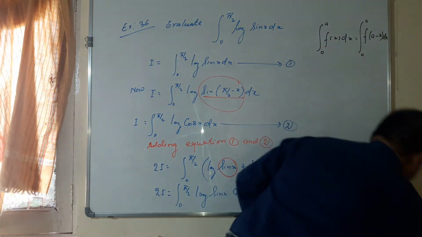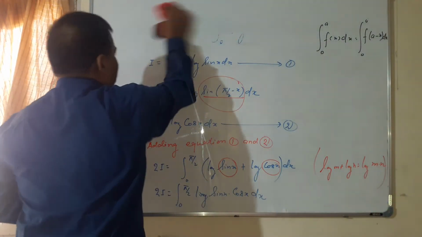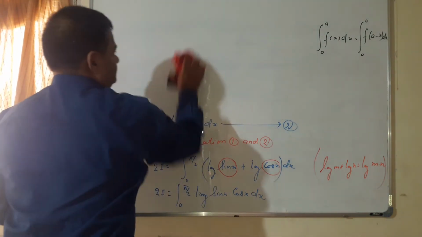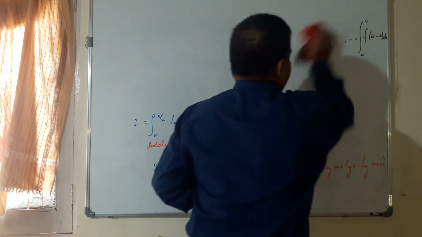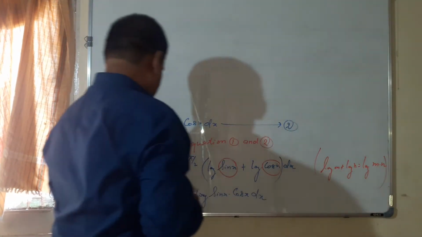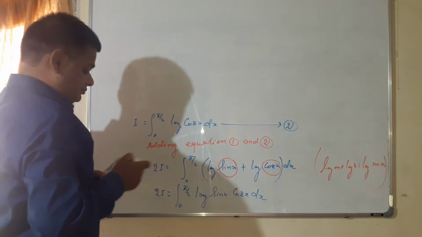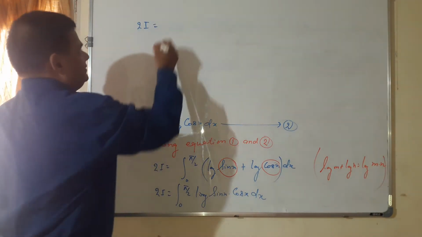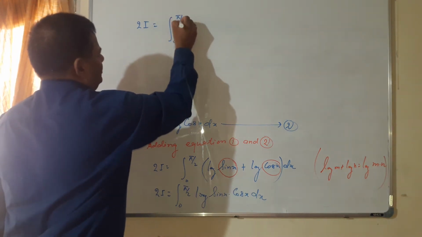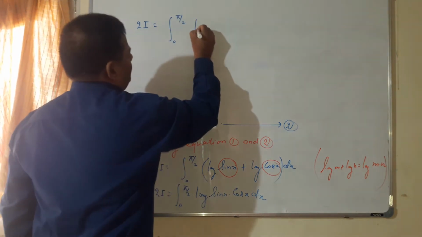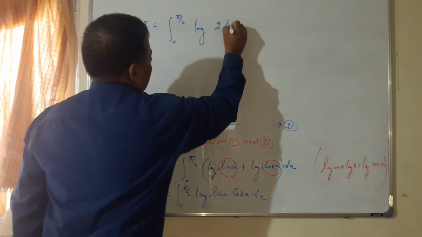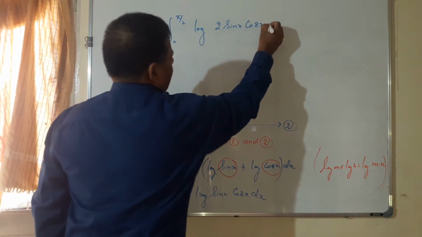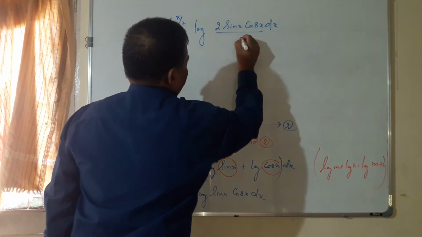So see here, multiplying by 2 and dividing by 2. So 2I is equal to integral 0 to pi by 2 of log of 2 sin x into cos x, divided by 2, dx.